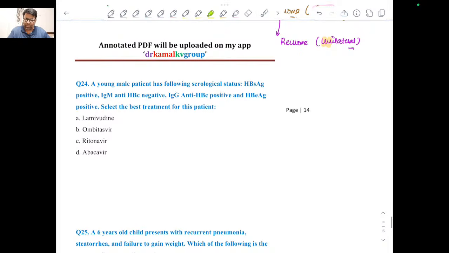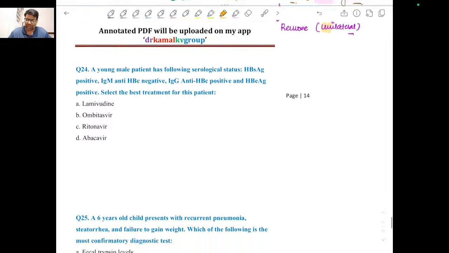Now next question. A young male has the following serological status: hepatitis B surface antigen positive, IgM anti HBC negative, but IgG anti hepatitis B core positive, hepatitis B envelope antigen positive. Now what is the best treatment for this patient?